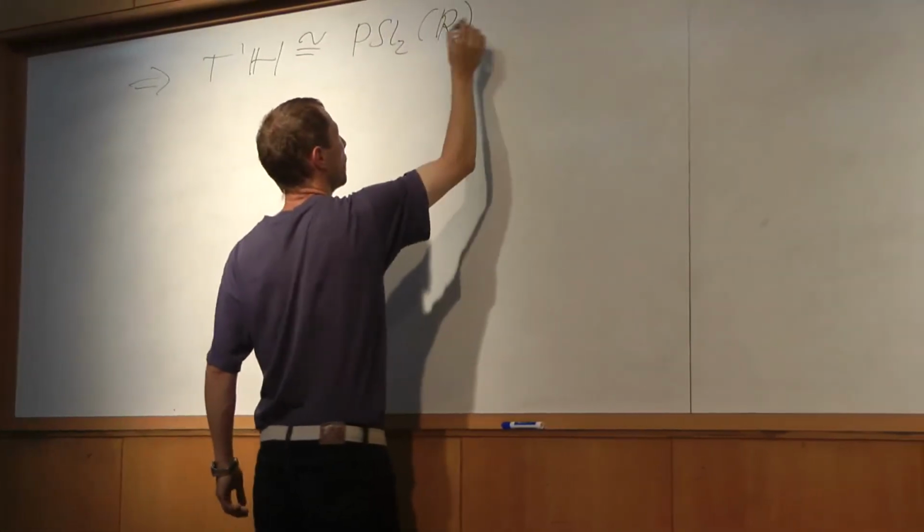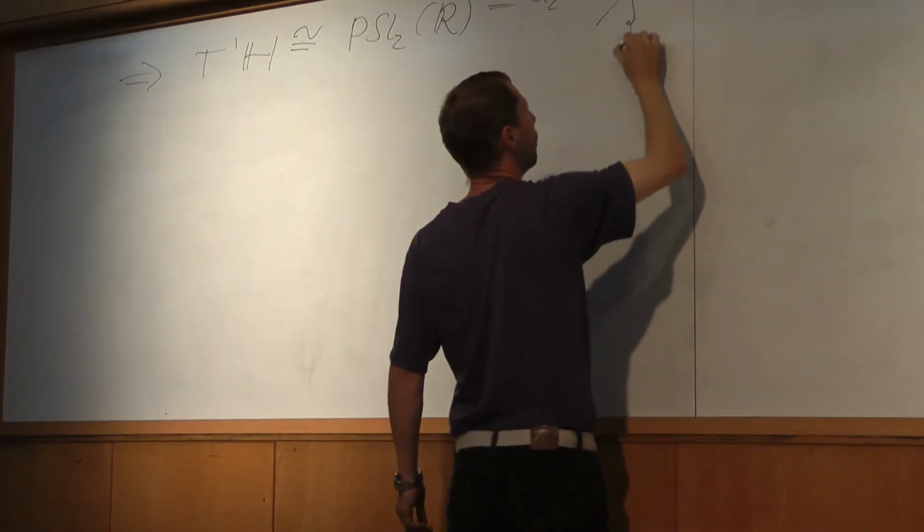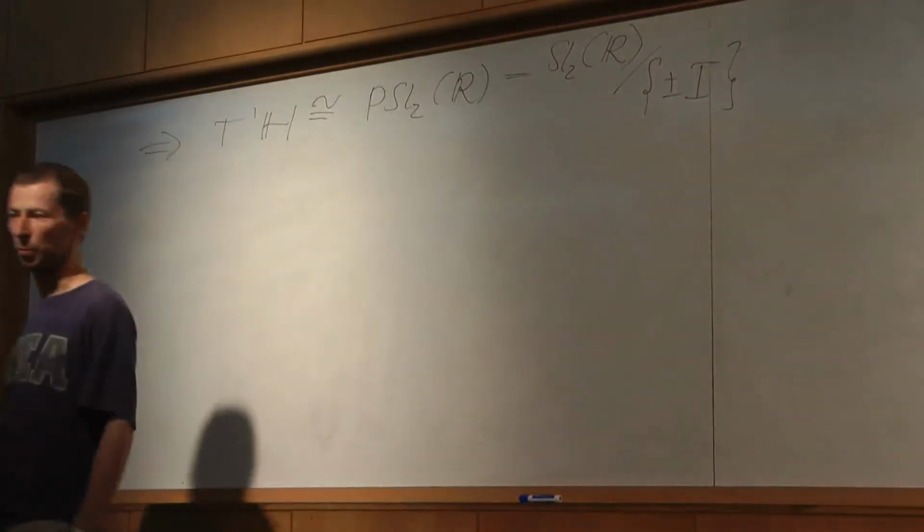It's called the projective special linear group, and it's just defined by SL2R mod the normal central subgroup plus minus the identity.